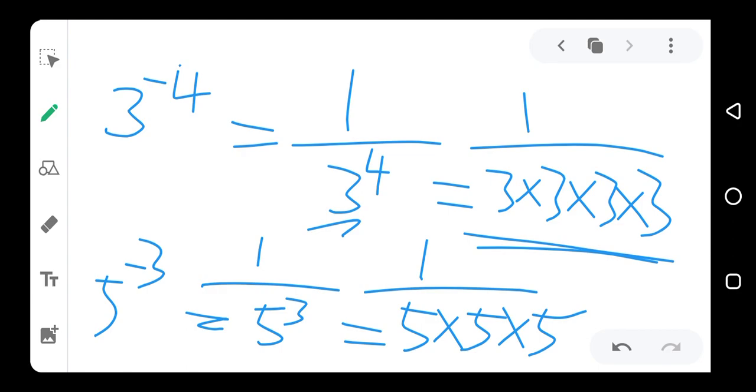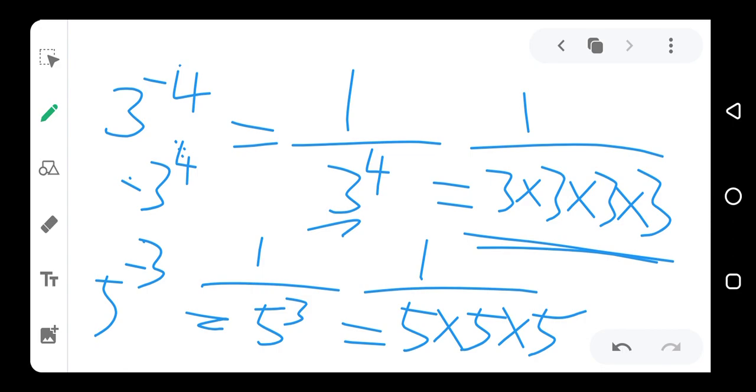Now please note that it is only when this minus is on top as power. It is not when we have something like minus 3 raised to power 4. This is not the same thing. It is only when this minus is on top of the number. But if the 3 is at the back of it, this means minus 3 raised to power 4.